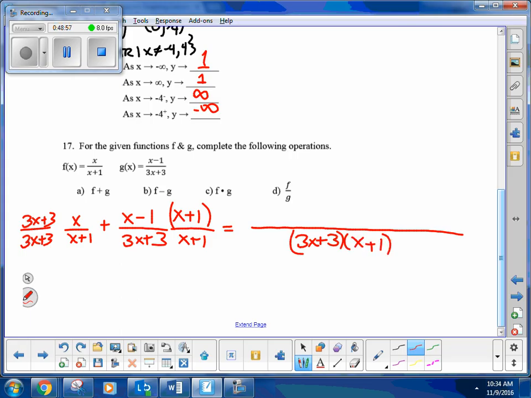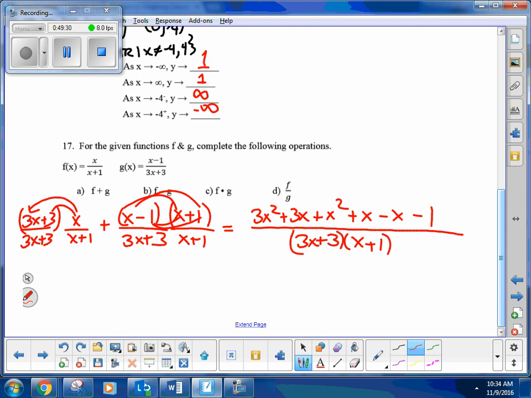x plus 1. In the numerator, on this side, when I follow this part, I have 3x squared, positive 3x. And then over here, I'm going to have positive x squared, like when I follow these out. Positive x, minus x, minus 1.